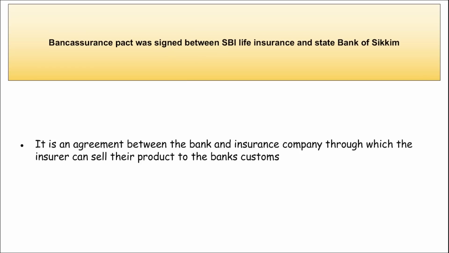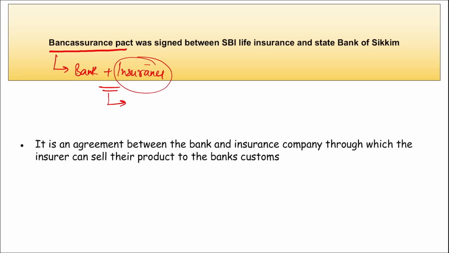Next is a Bancassurance Pact. And what is a Bancassurance Pact? When a bank and an insurance company together sign a pact where the insurance company will be selling, or providing their insurance products, to the customers of the bank. So here, which is the bank?